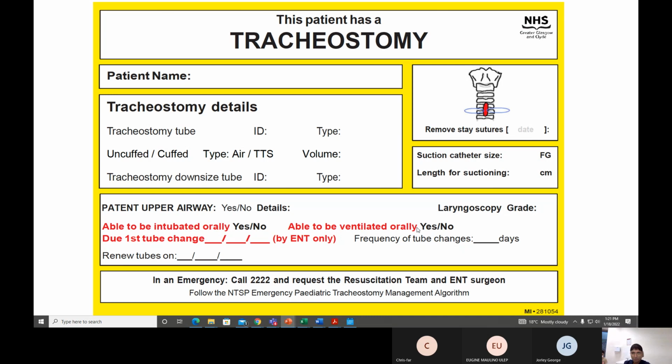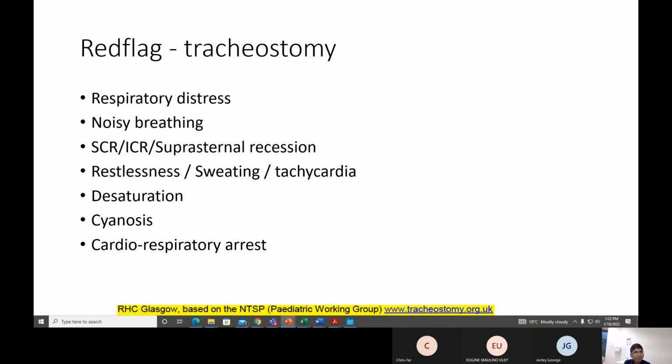This information will help whoever is at the bedside to manage the tracheostomy emergency. And also you need to be aware of how to call a code. In BMC it's 4 5s, and you have to tell them where the patient is, the patient's location, and whether it's pediatric or adult.